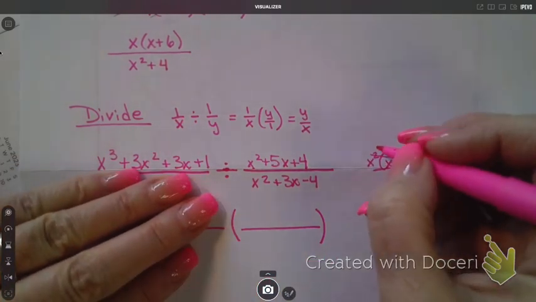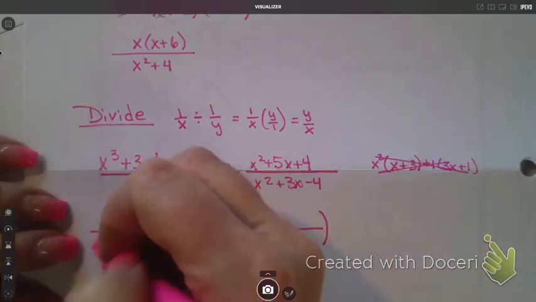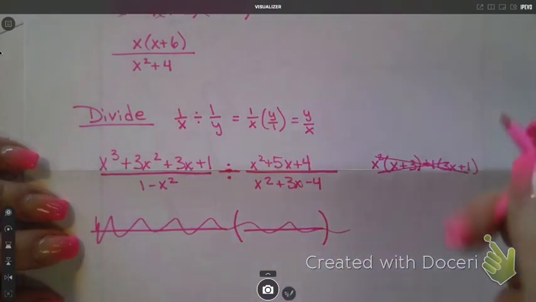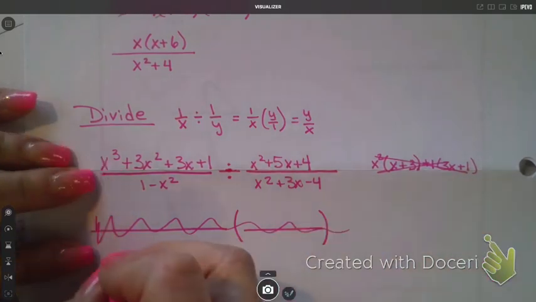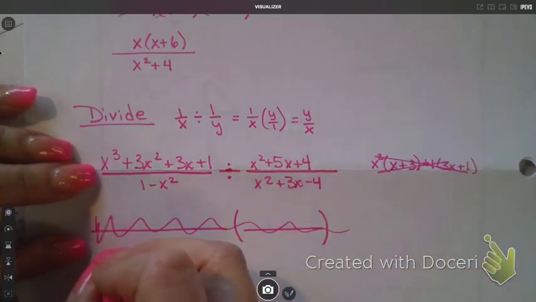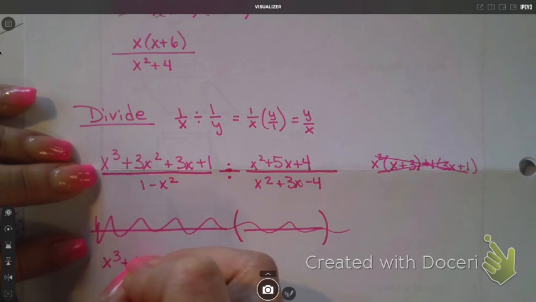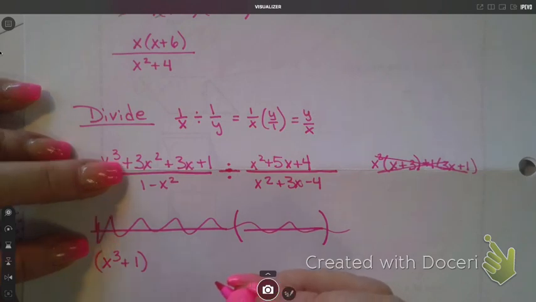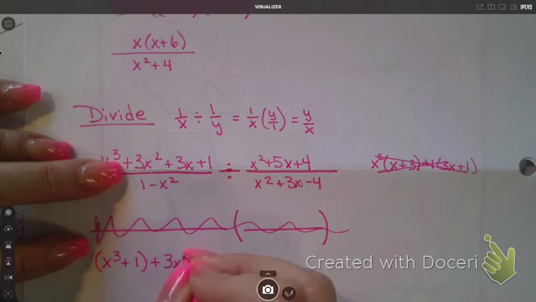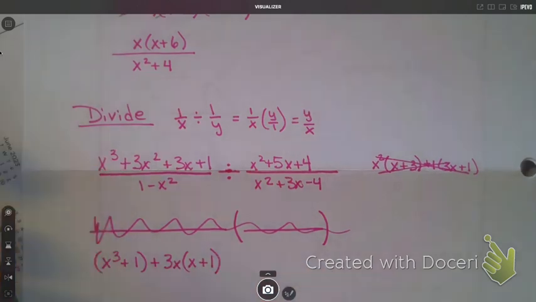So I'm going to have, I really shouldn't have done this. So I'm going to have x cubed plus 1. That's it, right? And then I'd have plus 3x, and then x plus 1. Did that work out for me? Closer. It's closer.